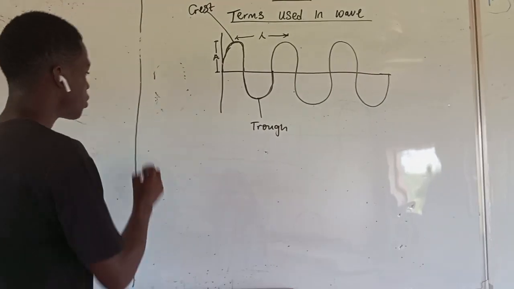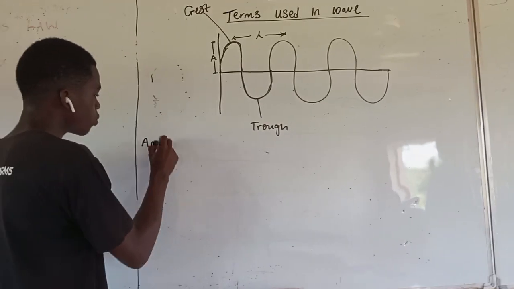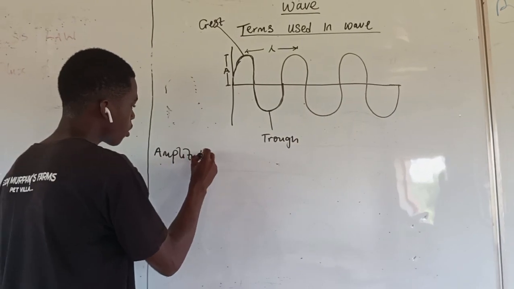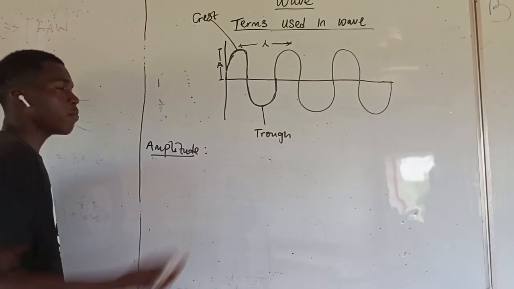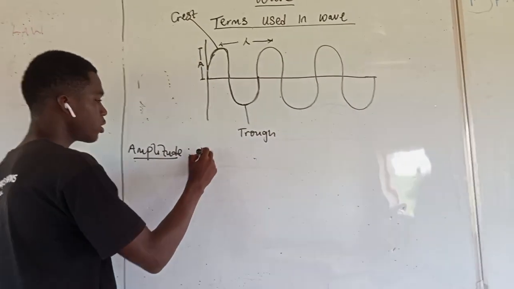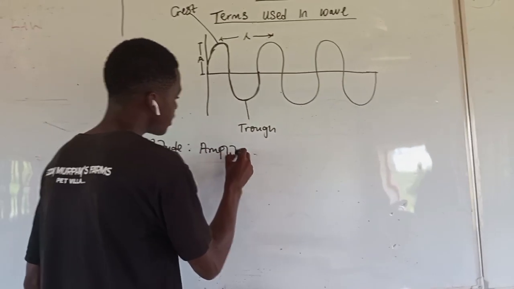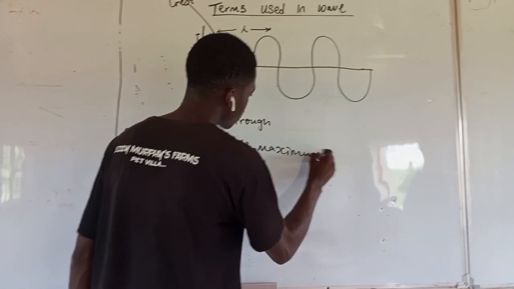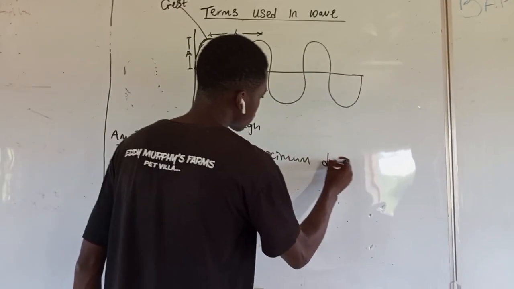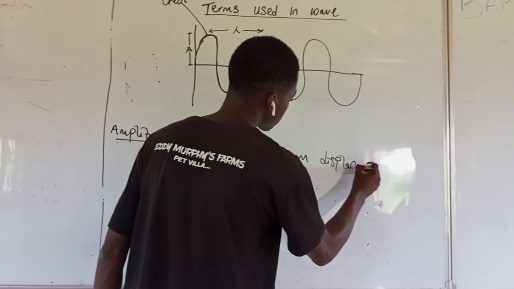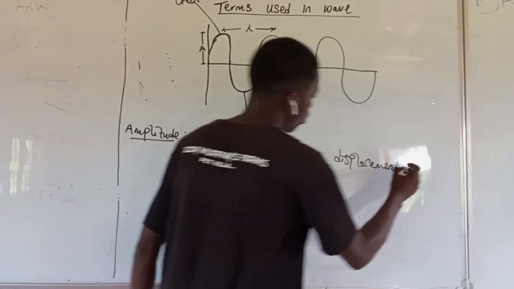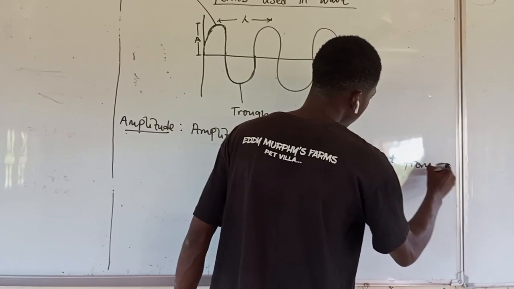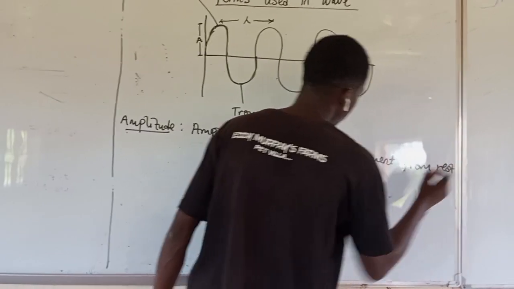So the first thing we talk about is called amplitude. What is amplitude? Amplitude is defined as the maximum displacement from rest, or its equilibrium position.